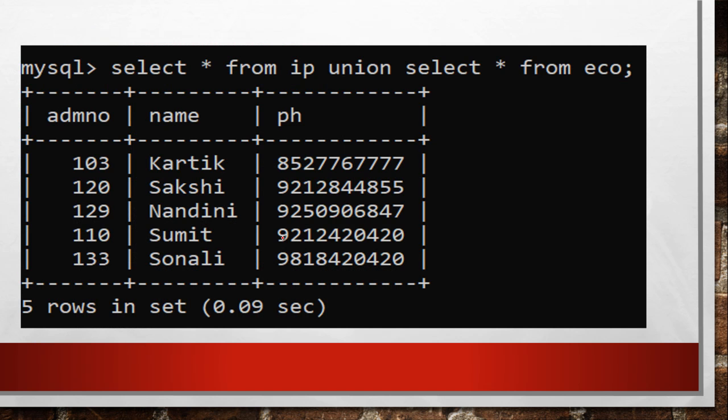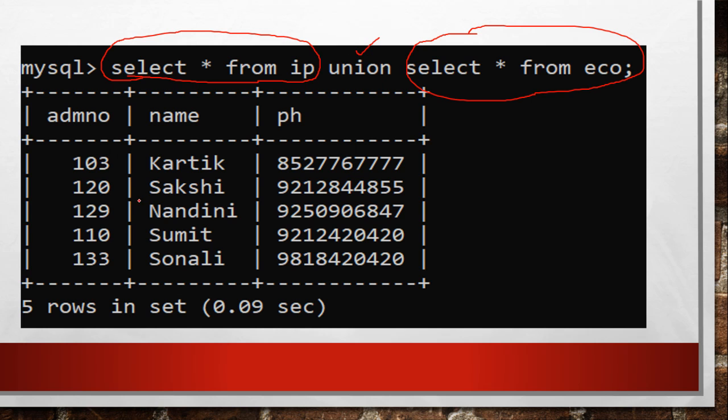You can see that I have performed this select star from IP. This command will give me all the records of the IP students, and when I write select star from eco, this will give me the result of all eco students. When I perform union between these two results, I will get the records of these students.